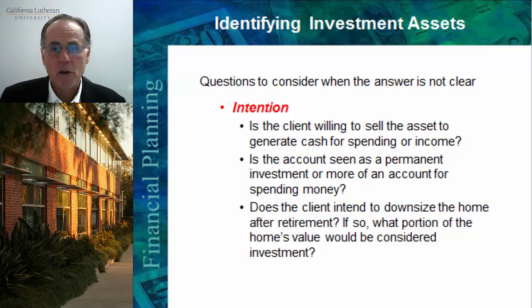Previously, I mentioned that the home is generally excluded from the investment portfolio because it's a use asset. If the property is in a location creating meaningful capital appreciation, you might want to reflect on whether or not the client intends to downsize the home after retirement. If so, you might consider a portion of the home's value as a real estate investment.